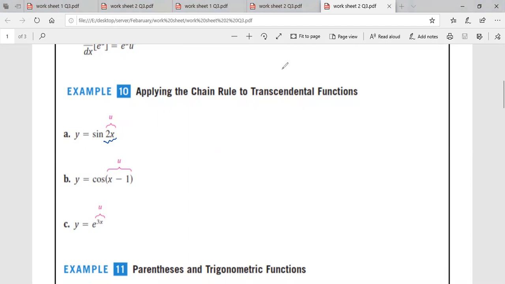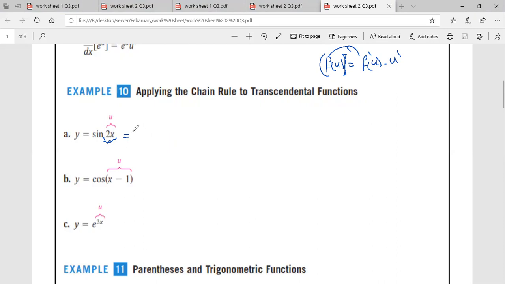Because as you know, the derivative of a function f of u is the derivative of the outer of u multiply the derivative of the inner. So in this case, I apply the rule. Where is the u? Where is your angle? That is u. I have to identify where the angle is.